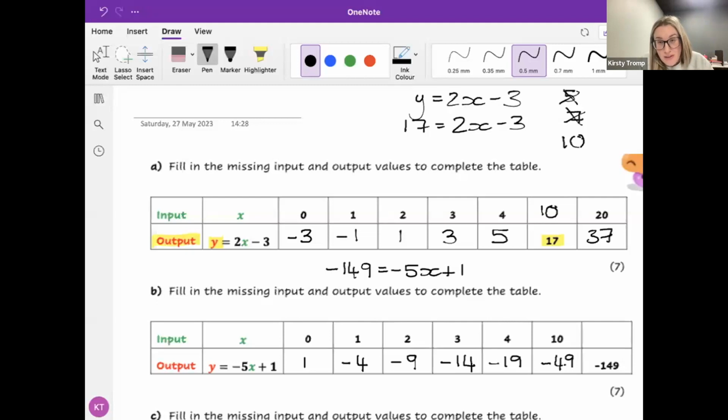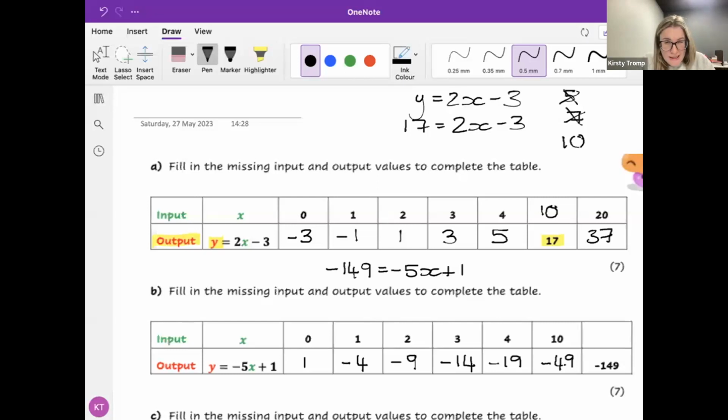I definitely know that. And negative 149 is quite a high number. So let's try our trial and error method that we've done before. I know it's definitely higher than 10.